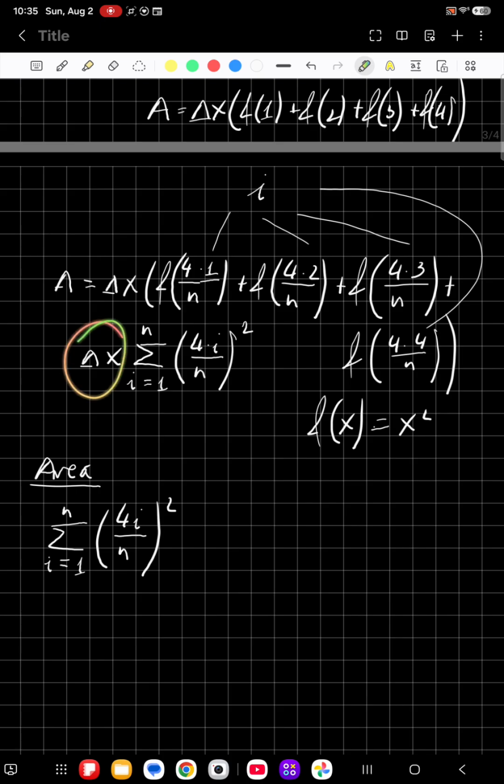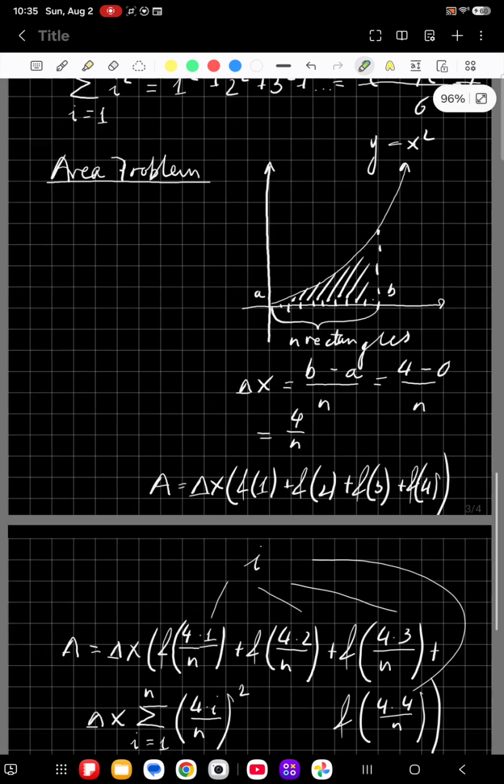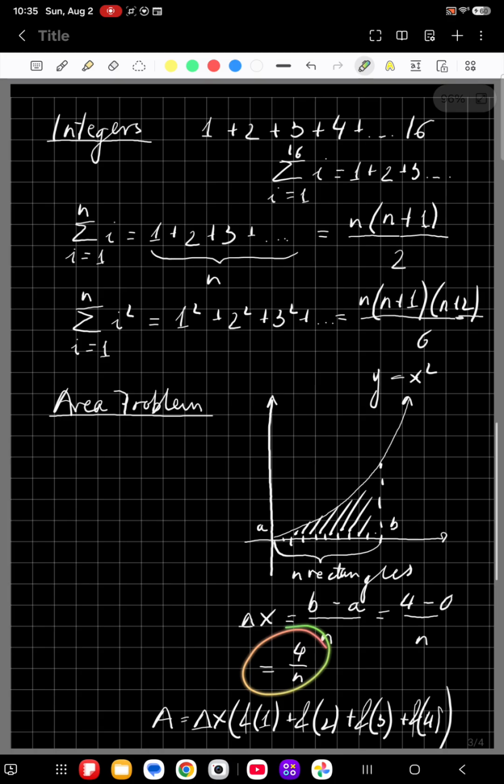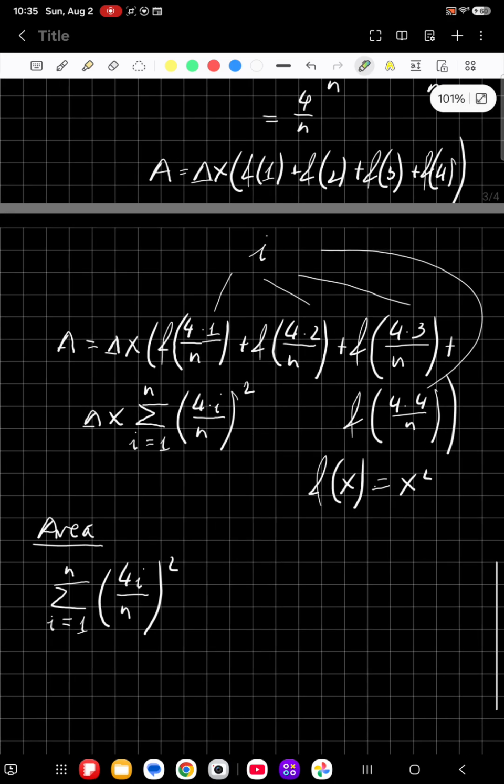This delta x was, I believe, 4 over n. We have it here. So I will put it in the back, so delta x, or 4 over n.